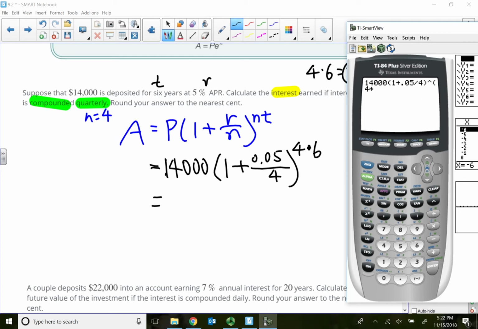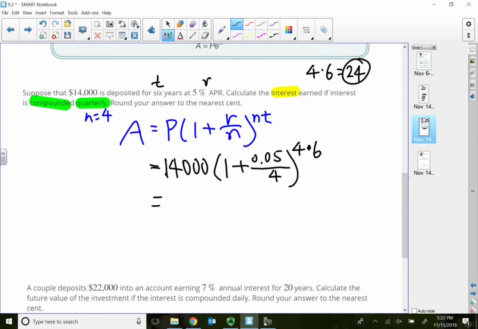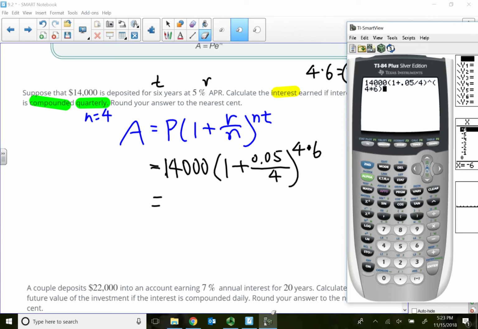Be careful now: after I key in the caret key for the exponent, I have to open the parentheses. If your calculator has a little box up here, you type in 4 times 6 and you don't need a parenthesis. You just need to realize that after you type in the 6, you press the right arrow key to move the cursor downward. Otherwise, the cursor stays on top. Just be careful with that.